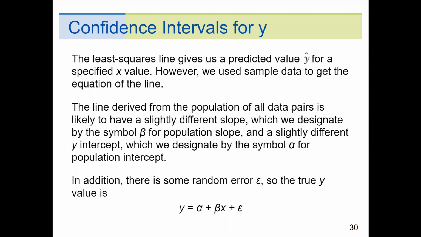The line derived from the population of all data pairs is likely to have a slightly different slope, which we designate by the symbol beta for population slope, and a slightly different y-intercept, which we designate by the symbol alpha for population intercept. In addition, there is some random error epsilon, so that the true y value is y equal to alpha plus beta x plus epsilon.